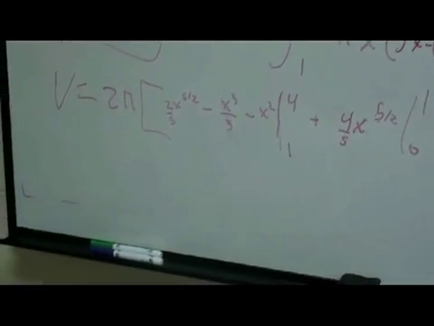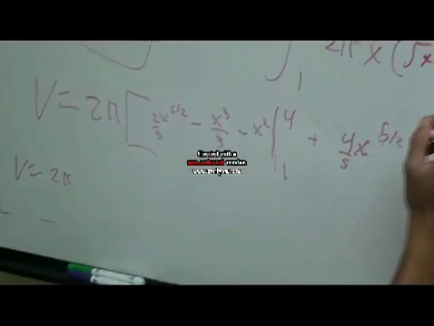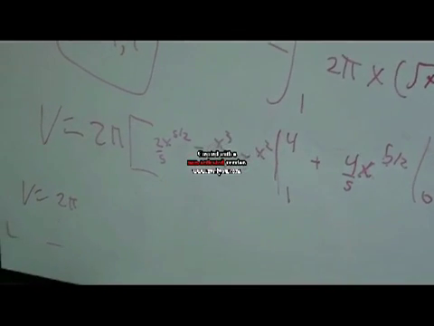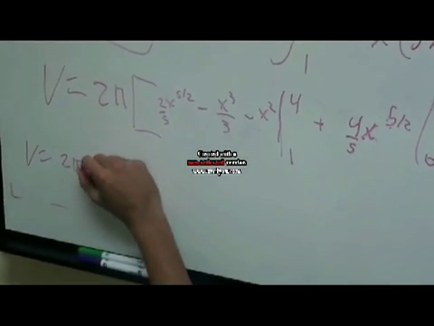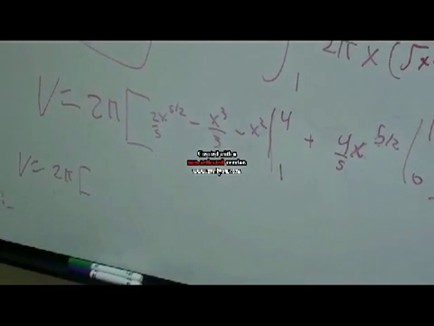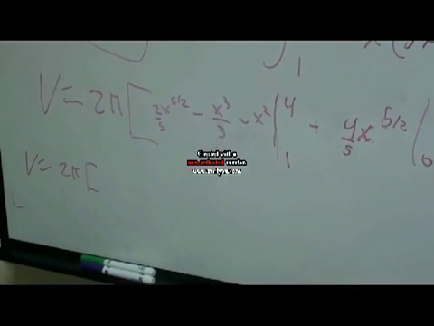We're going to work from left to right. So v equals 2 pi, oh sorry, let me close this off with brackets. So remember that 2 pi is going through everything. We're going to multiply everything by 2 pi at the very end. Plug in 4 here.